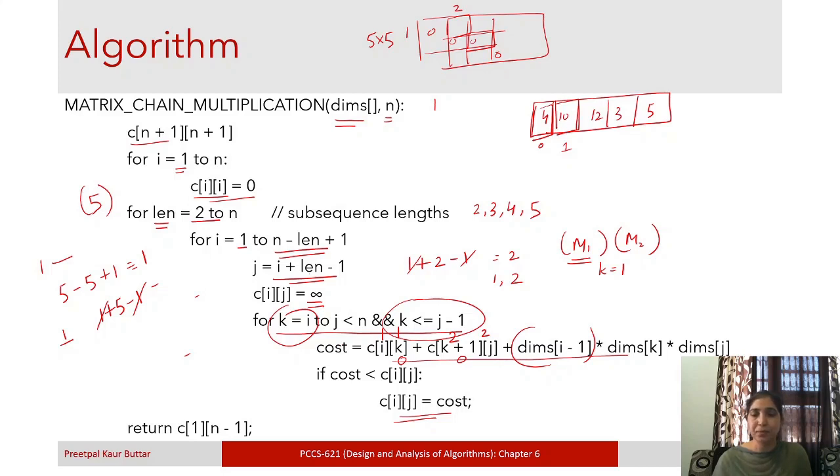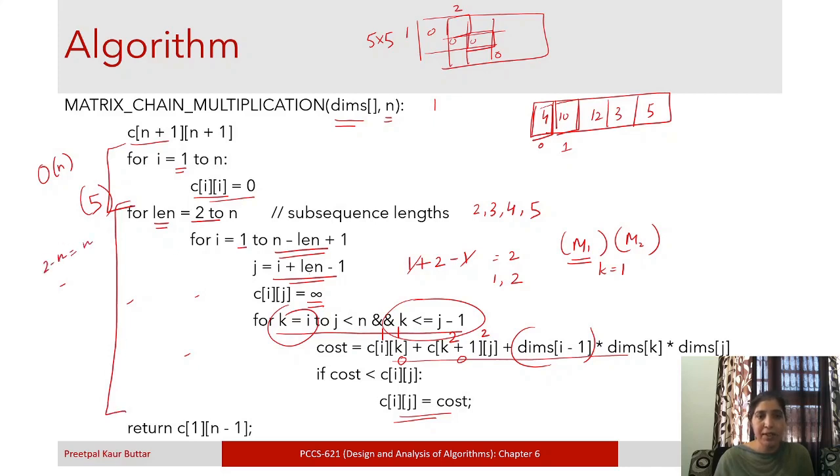If we want to analyze this, we can see that this outer loop is the length loop, running from 2 to n, so roughly n times.